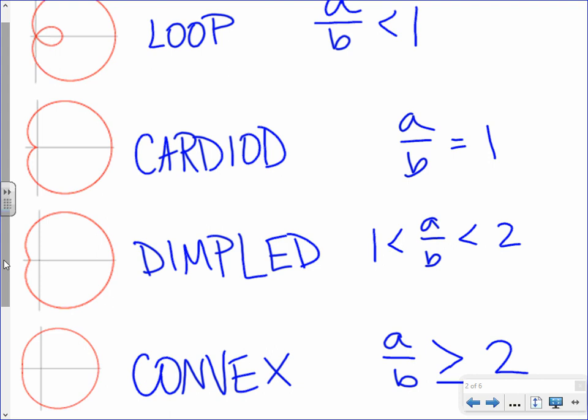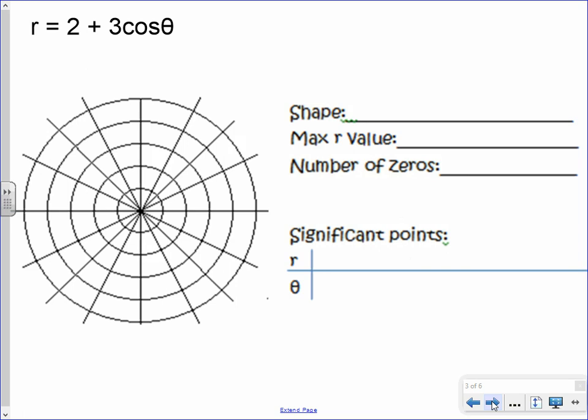Love is like heart, so Lou loves dimpled cuties. My suggestion to you: either use one of those mnemonic devices, or find a different one that suits you. You all are creative. If you need to come up with one that will help you, come up with one. But for now, let's do some graphing.